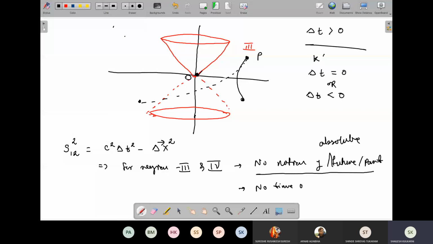In region 1, if I give you a series of events, then you can order them with time, and that will remain fixed. But in this region, you cannot do that.